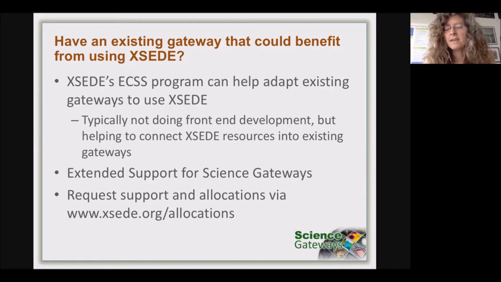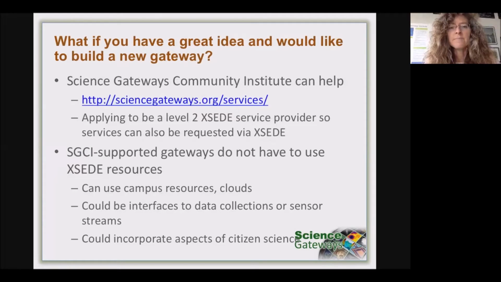What we've tried to stay away from is doing front-end build from scratch development, and we also haven't been able to work on gateways that use resources that are not Exceed, just because of the mission and the funding and that sort of thing. So that's what we do today through ECSS.